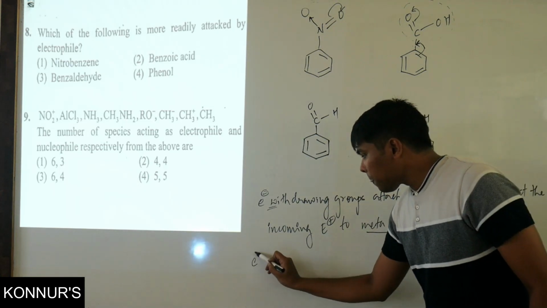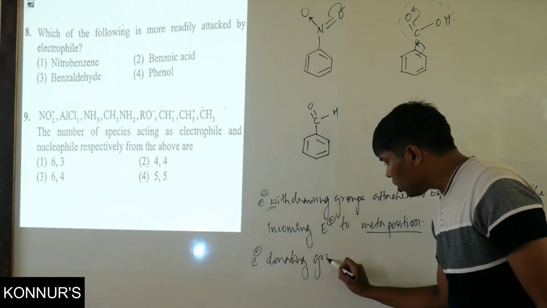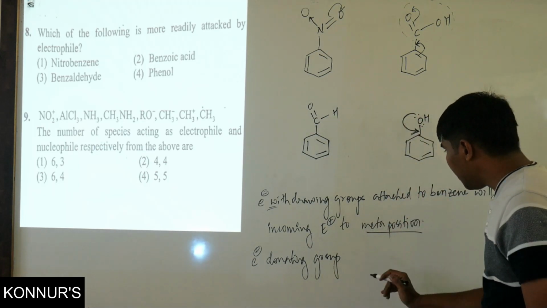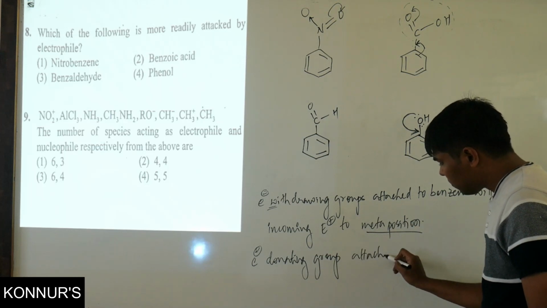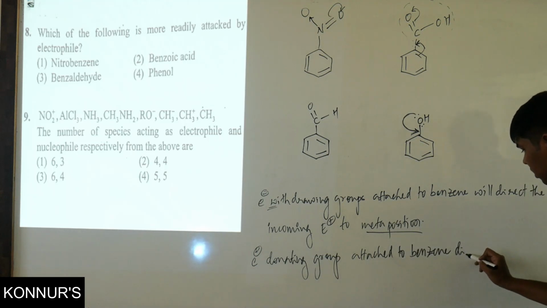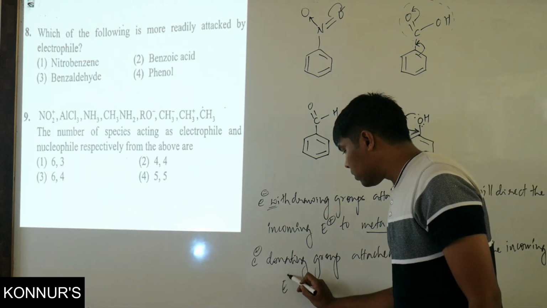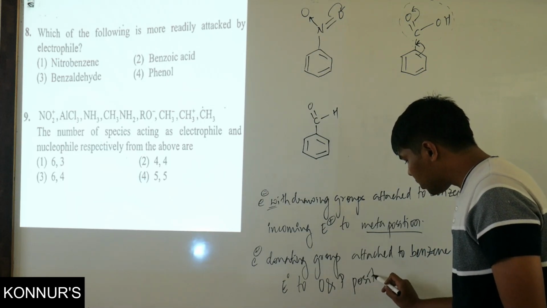Electron donating groups come under resonance. So an electron donating group attached to benzene will direct the incoming electrophile to ortho and para positions.